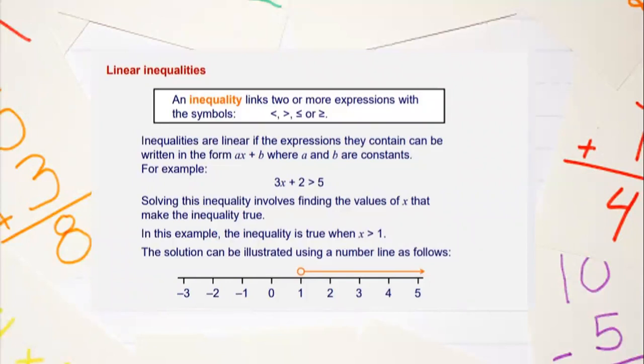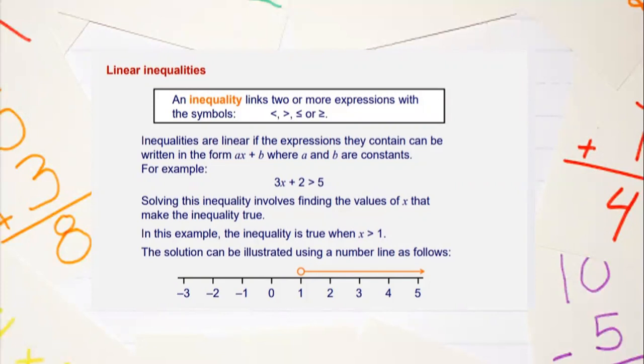Inequalities are linear if the expressions they contain can be written in the form ax plus b, where a and b are constants. For example, 3x plus 2 is greater than 5. So 3x is a, 2 is b, and the right side is 5.